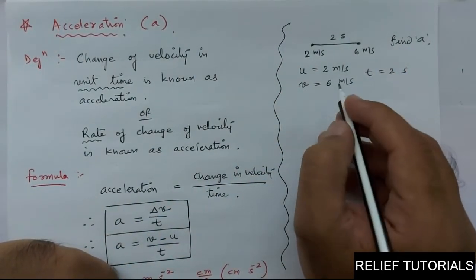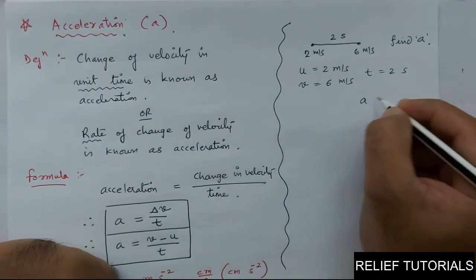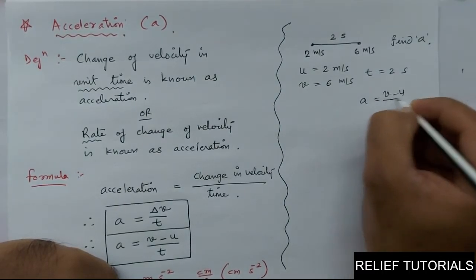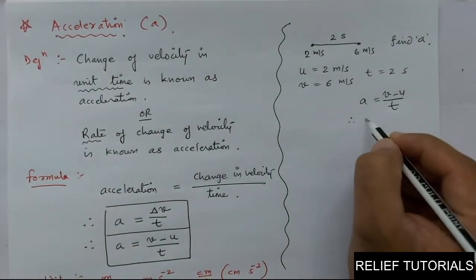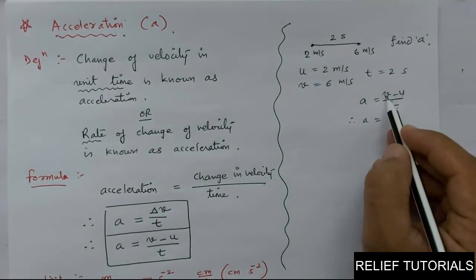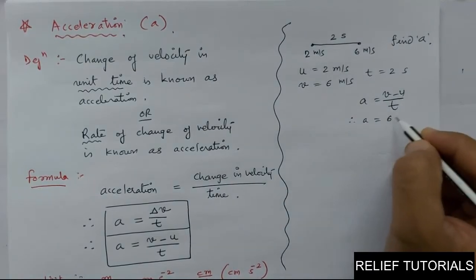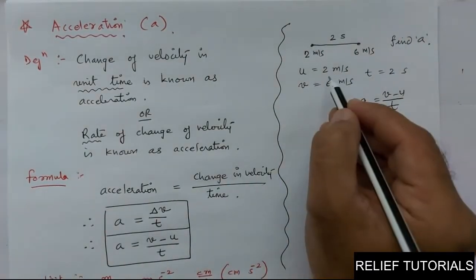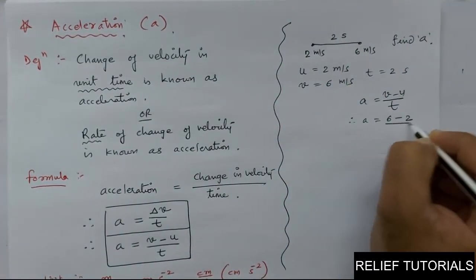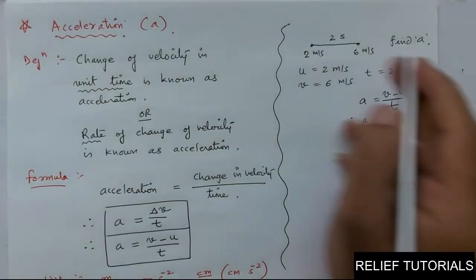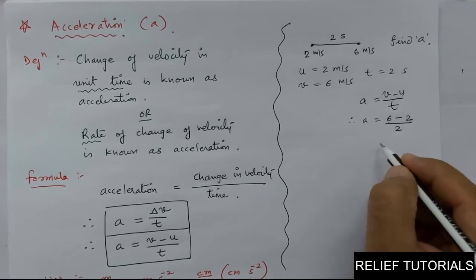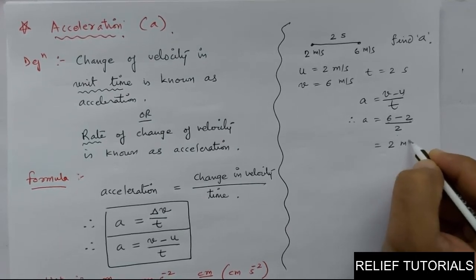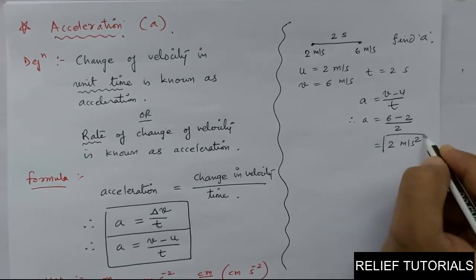Yes, we can find A. So A is equal to V minus U by T, the formula. Therefore, A is equal to, what is V? V is 6 meter per second minus U is 2 upon T is also 2. So 6 minus 2, 4. 4 by 2 is 2 meter per second square.